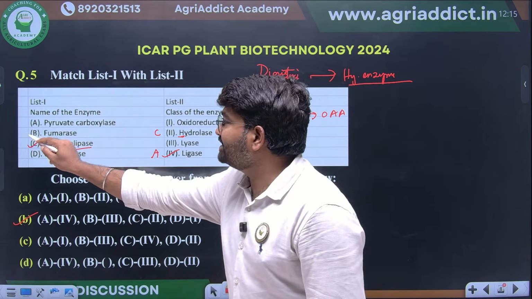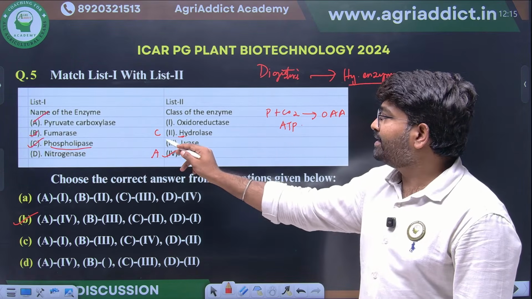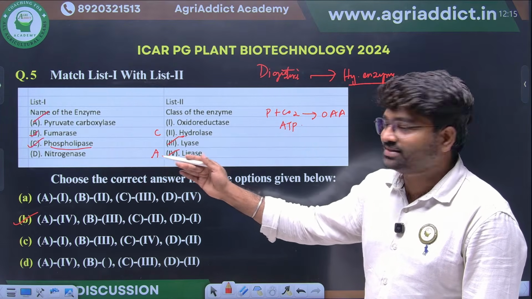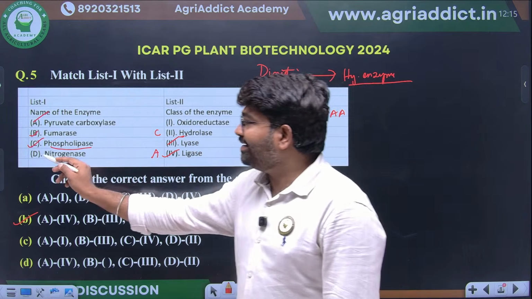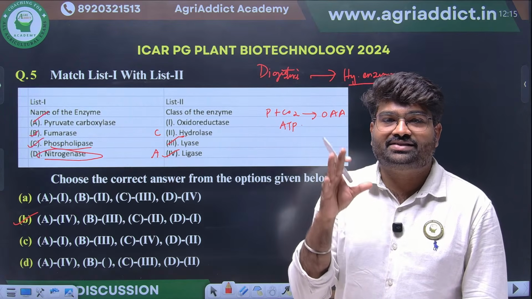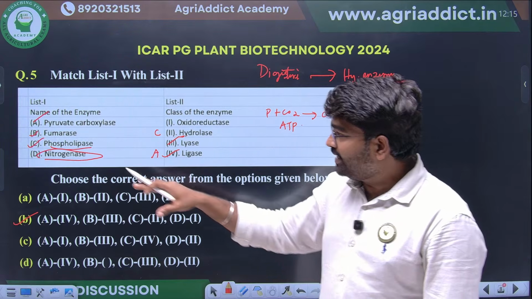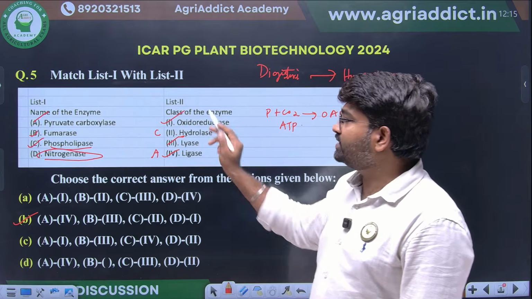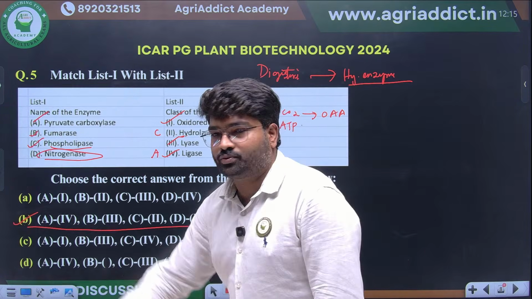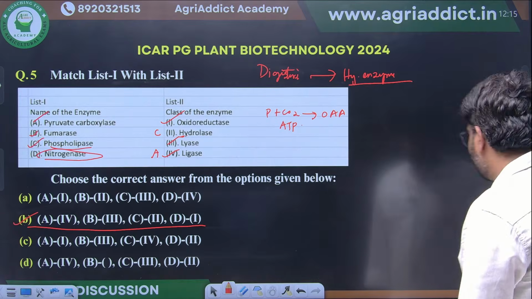Fumarase is a lyase enzyme. This we already saw in our lecture itself. Then nitrogenase: here NADH acts as a source of reducing equivalents, so it will come under the class of oxidoreductase. So the right option for this question is option B. I hope this is clear for everyone.